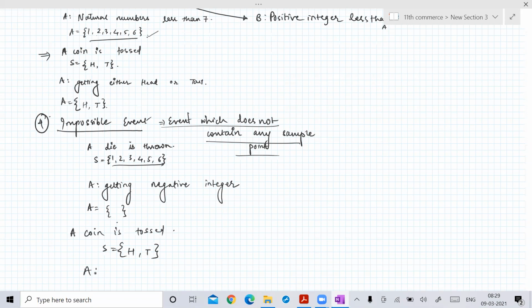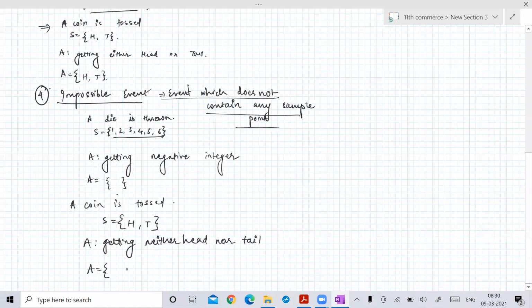Can you give me the example of impossible event? Very good. Getting neither head nor tail is the impossible event. Very good. Nor tail. तो ए में कुछ भी नहीं आएगा फिर, है ना.